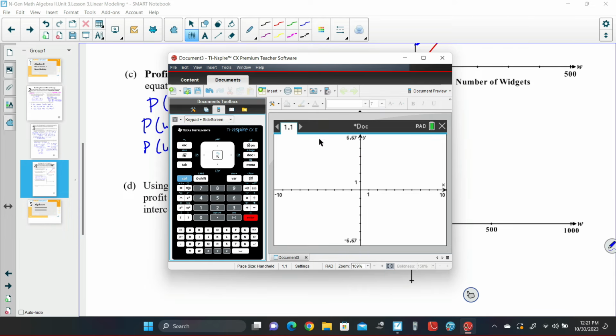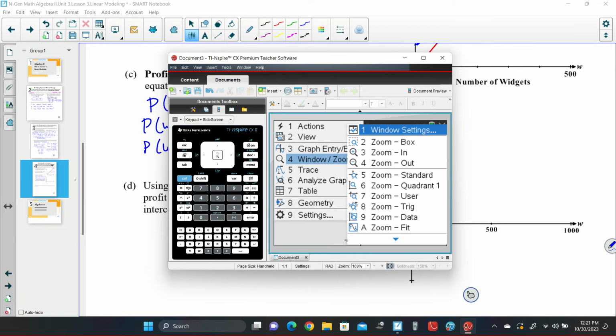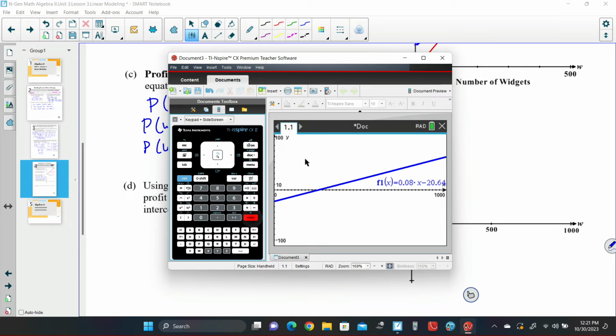We've got to play the window game again. Now my window is going to go from 0 to 1,000. And now I've got to have some negative and positive. Maybe I'll go negative 100 to 100.